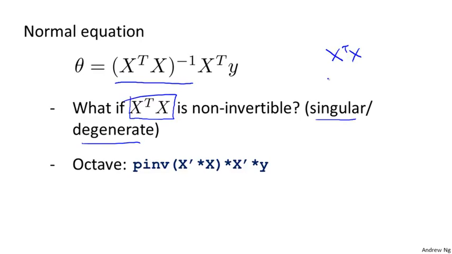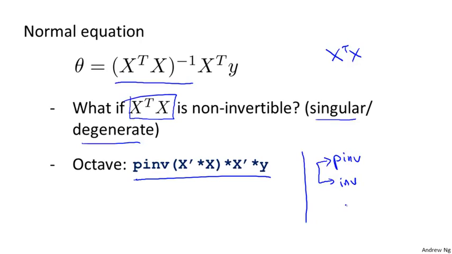And in Octave, if you implement this to compute theta, it will actually do the right thing. I'm getting a little technical now, but Octave has two functions for inverting matrices. One is called pinv, and the other is called inv. The differences between these two are somewhat technical: one's called the pseudo-inverse, one's called the inverse.